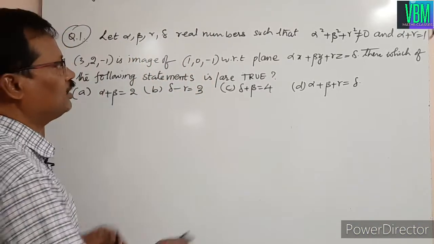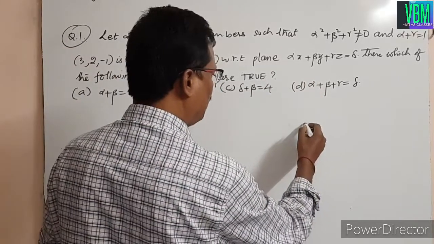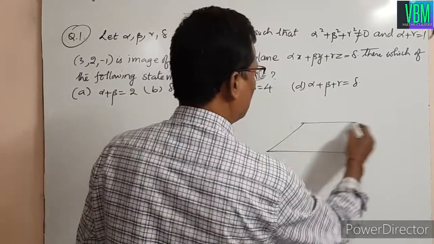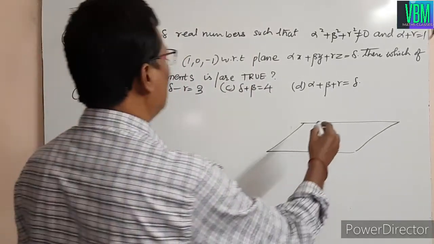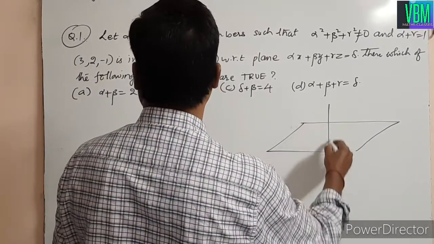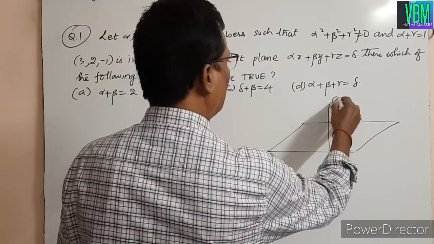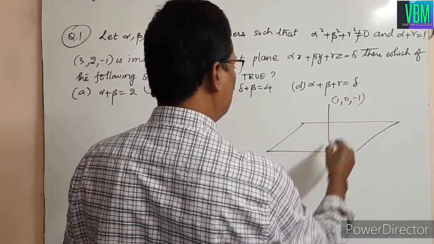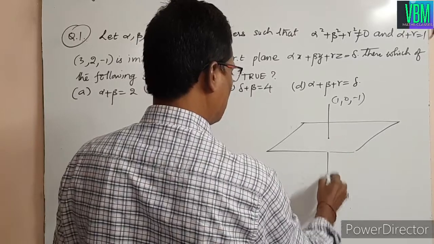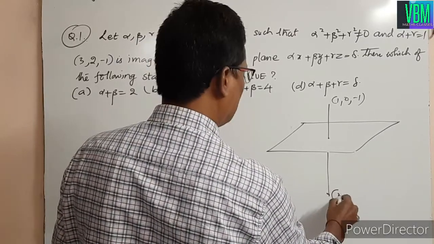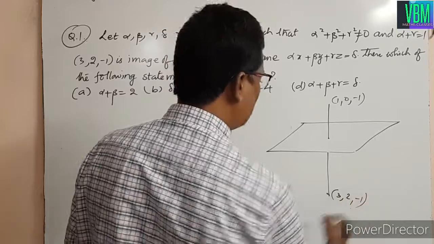Now let us see, this is a plane. I am drawing the plane. On this plane, suppose this is (1, 0, -1). Now this is (3, 2, -1).